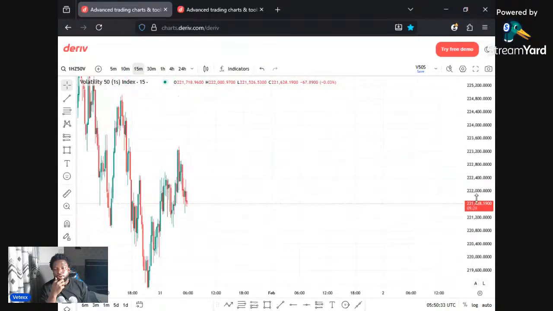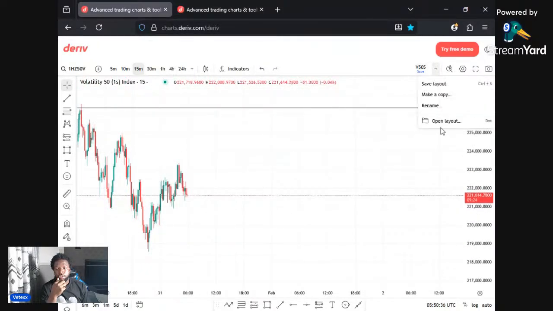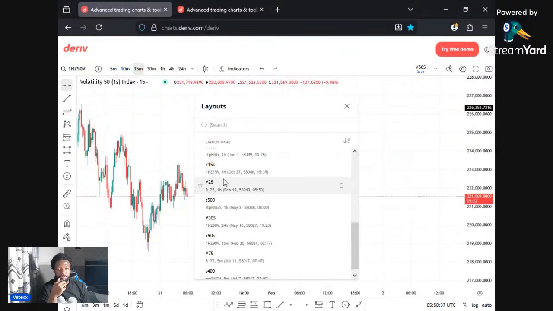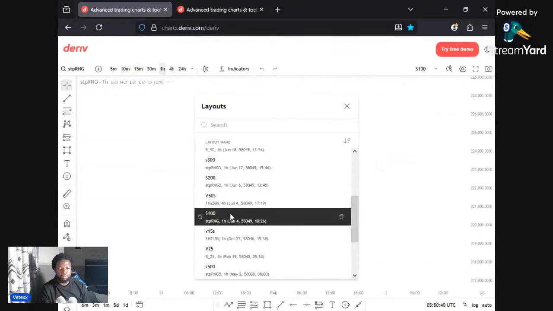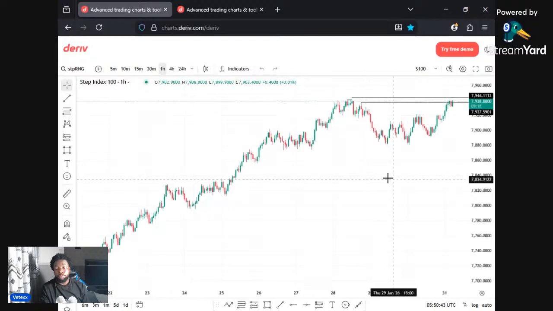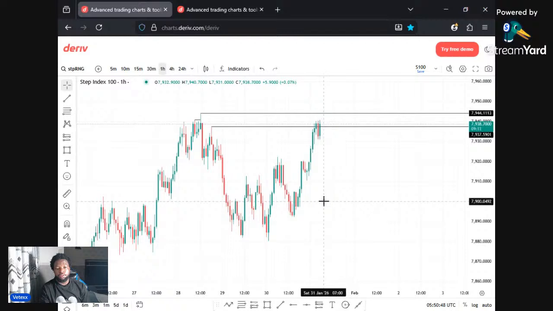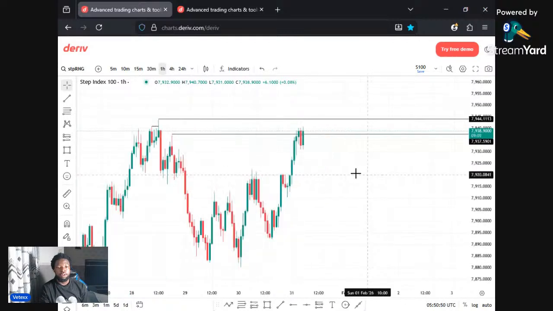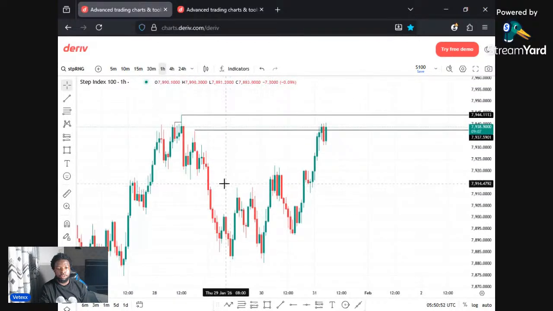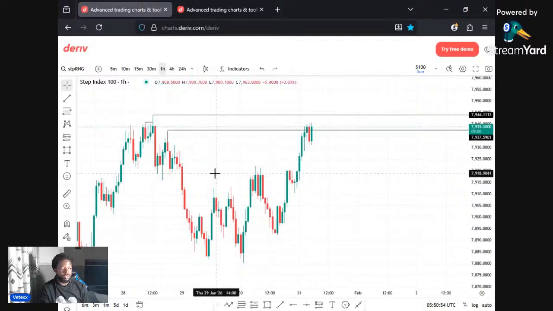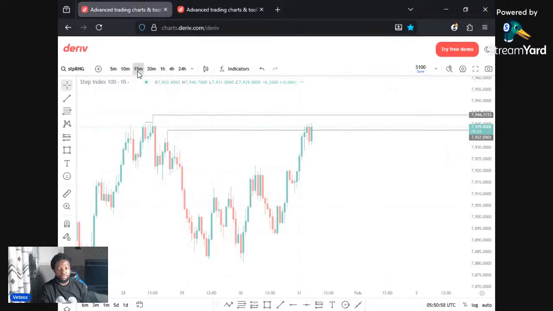Let's check out the next pair on our list. We have Step 100. Okay, Step 100 has been bearish, sorry, and gave us a continuation on the 1 hour. So it has tapped into the 1 hour point of interest. Let's check the 15 minutes if there is a continuation.